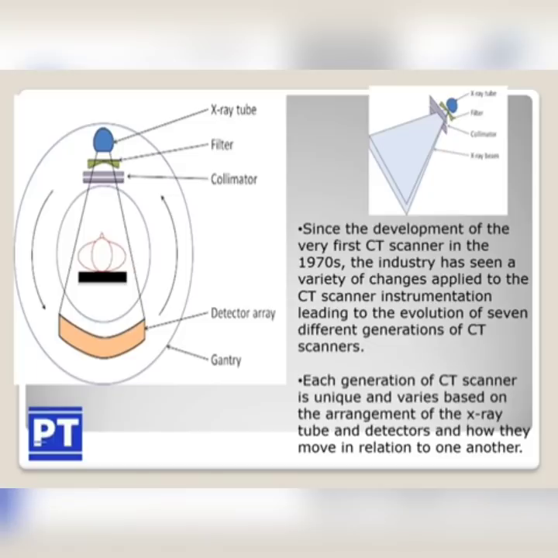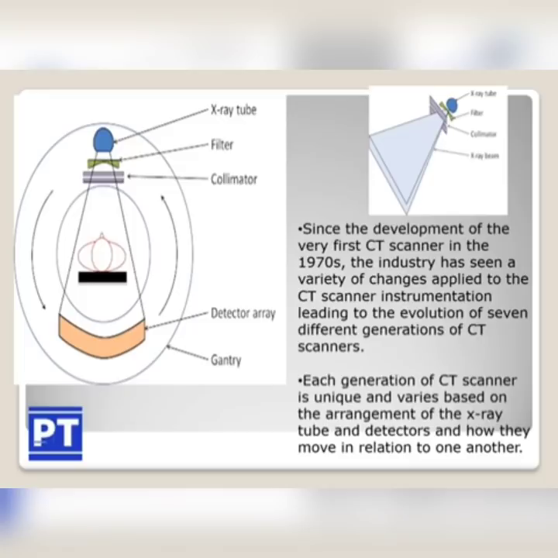Here you can see an X-ray tube. The mode of beam we are using in CT scan is also X-rays. Then we have a filter. Filters are used for shaping the X-ray beam by absorbing the low energy photons in order to reduce the skin irradiation, or the skin dose.